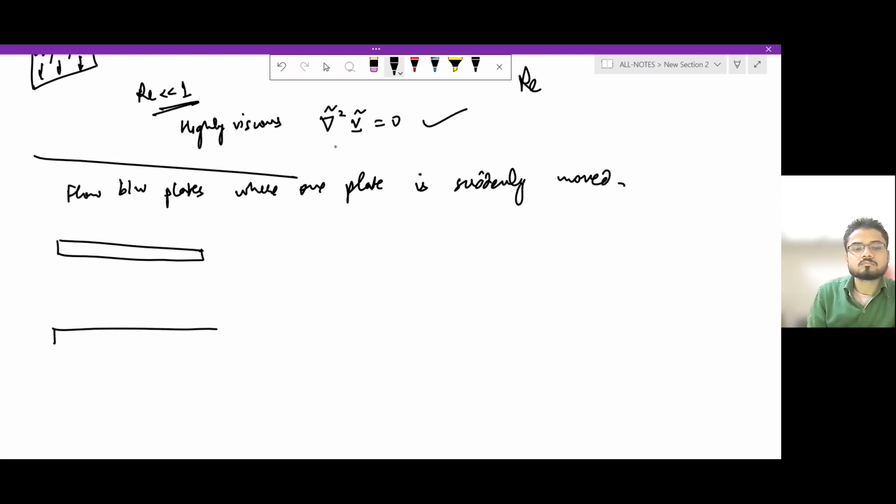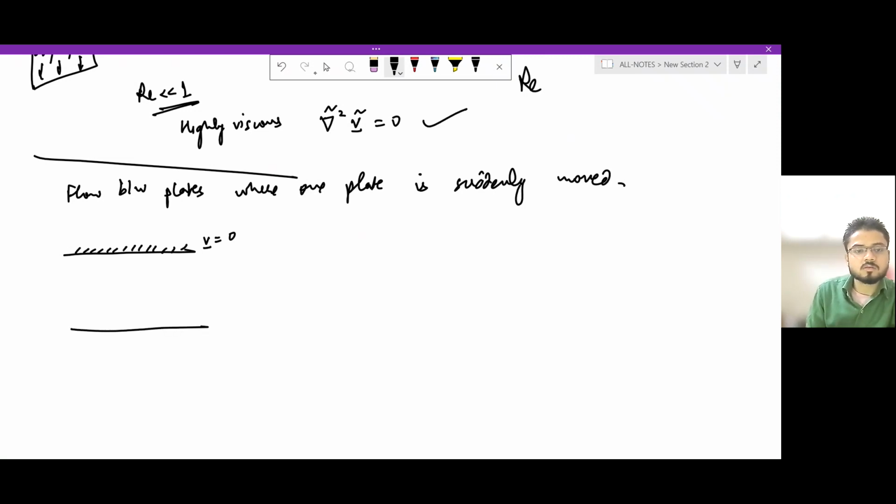This is your domain. What is happening here is that this part is, let's say, fixed. Let's say this is a surface, and this is obviously v equals 0.